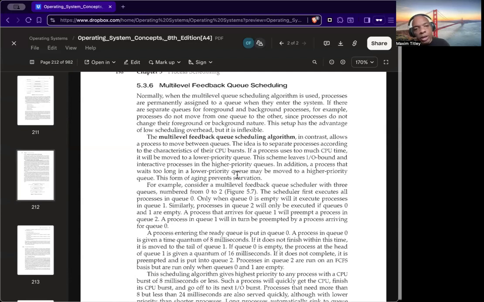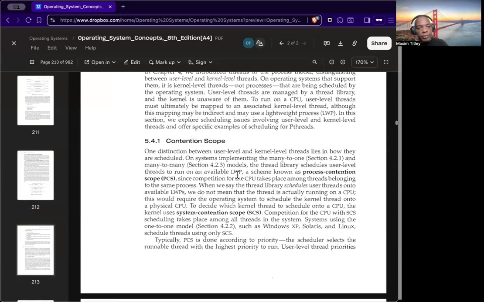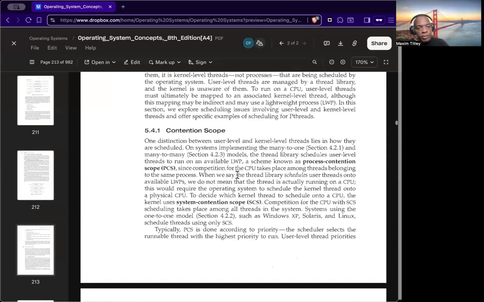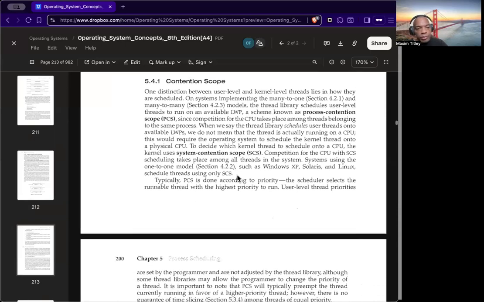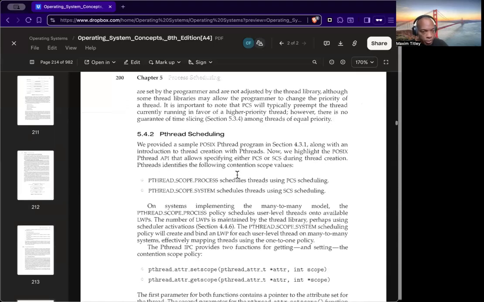And this scheme leaves I/O bound and interactive processes in higher priority queues. In addition, a process that waits too long in a lower priority queue may be moved to a higher priority queue. Once again, this is aging, right? And it prevents starvation. So that was process scheduling right there.